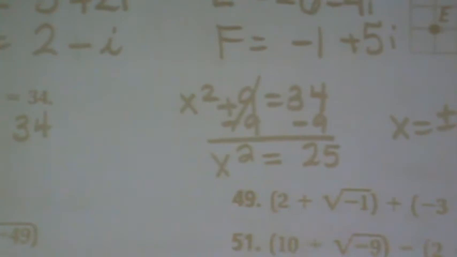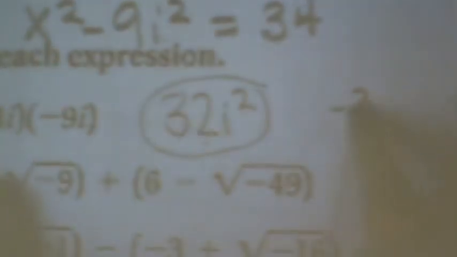Okay, the next ones are a review of what we've been doing. For 48, you are going to multiply. You've got 8i times 4i times negative 9i.